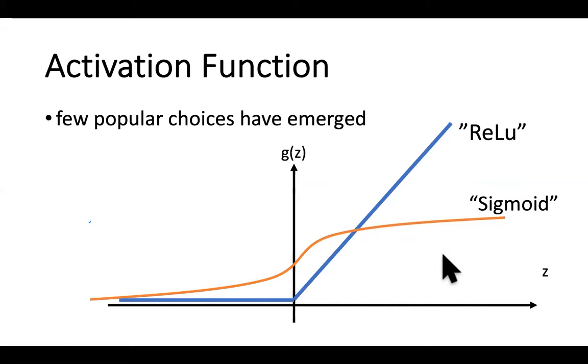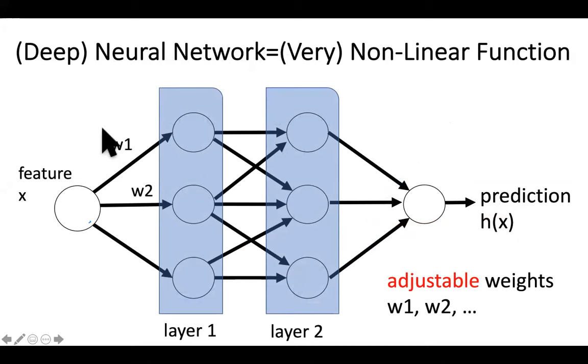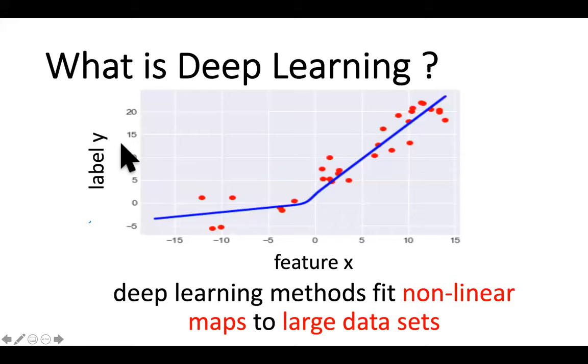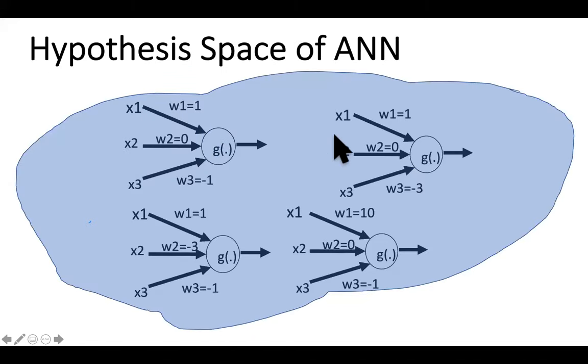The intelligence comes from the fact that we can tune the weights here. This is the important thing. For each choice for the weights, we get a different map. If we choose for this weight 1, for this weight 0, we get one particular map from feature to output. And for another choice for the weights, we get another function. So the hypothesis space that we obtain from an artificial neural network is given by all maps that can be obtained from this network structure by using different values for the weights.